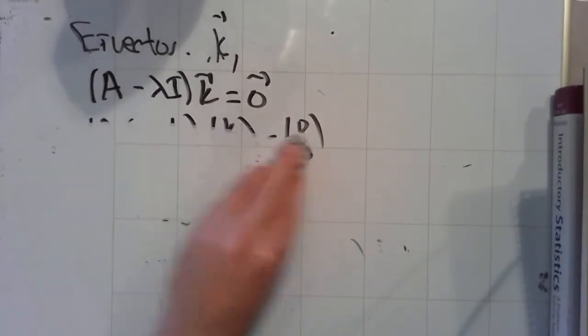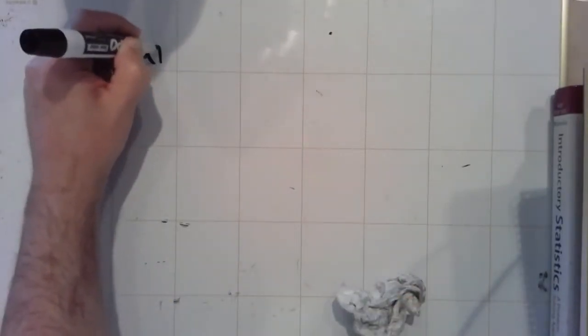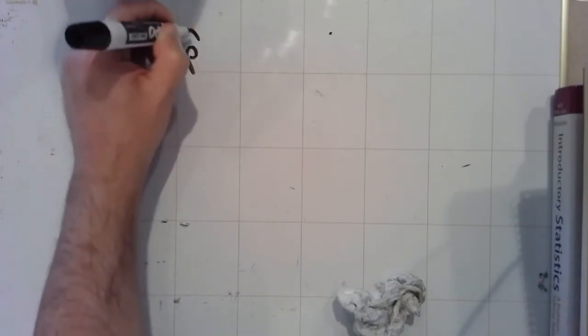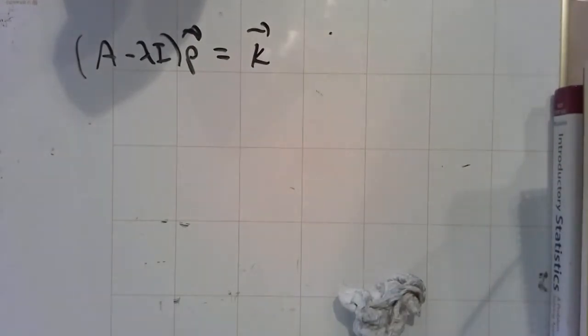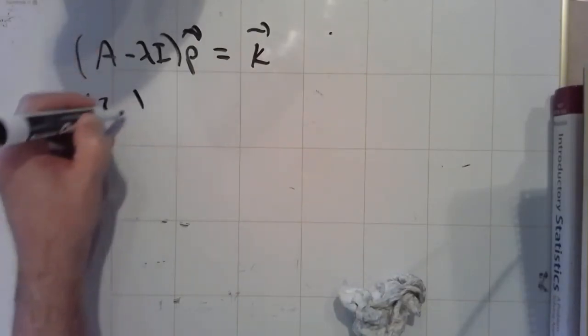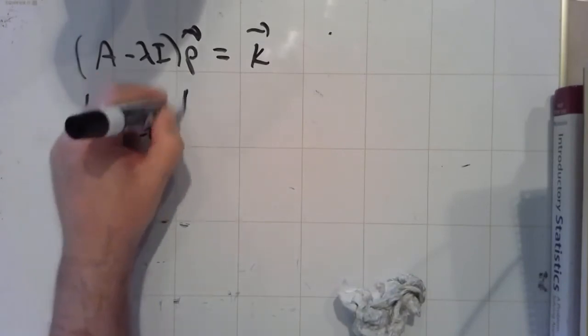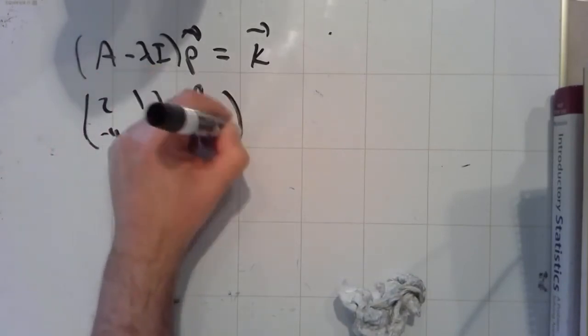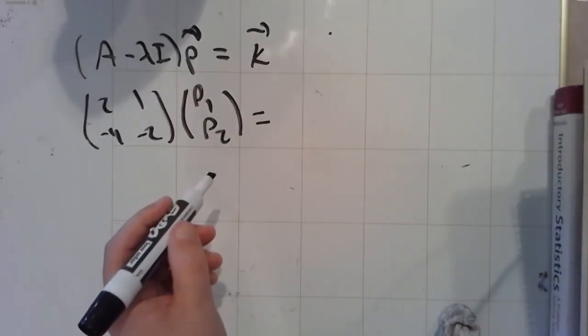All right, now we need to find our p. So we're going to solve A minus lambda I times some vector p is equal to that eigenvector k that we just found. This is the guy we just found. So that will be, same matrix here, 2, 1, negative 4, negative 2, times p1, p2 equals, and what did we have?